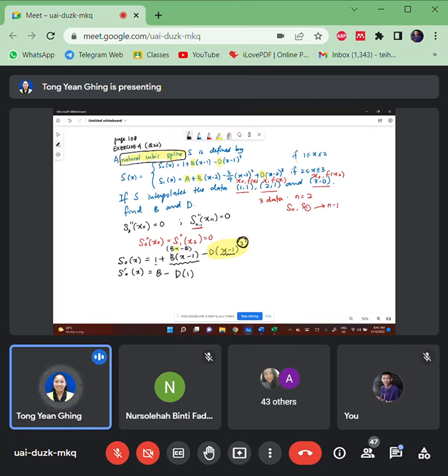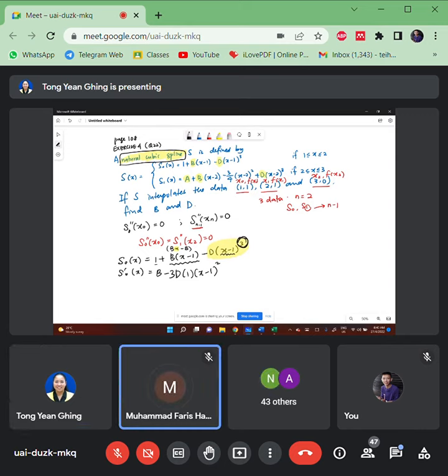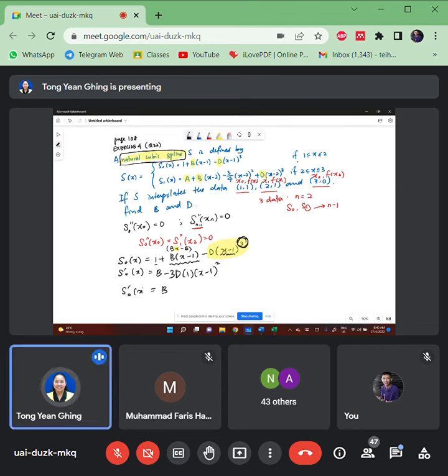Then we will bring into front. Okay, and then now x minus 1, this one become 2. Macam ni kan beza, betul? Correct me if I'm wrong. Faris, is it correct or not? Correct. Okay, so now kita punya S prime naught is B minus 3D x minus 1 square lah kan.